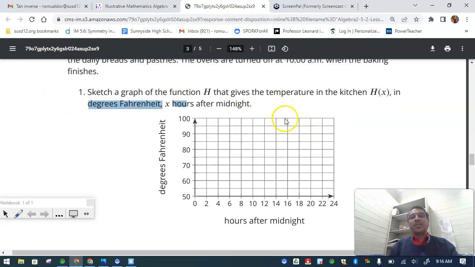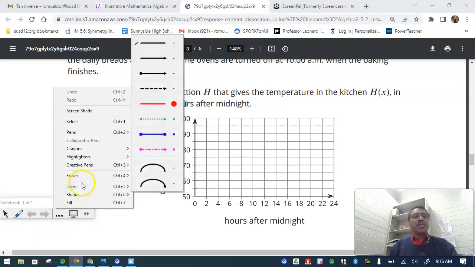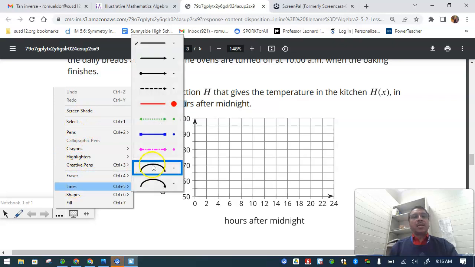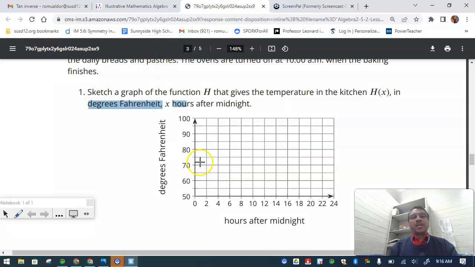So how do we sketch this? I'm going to use this marker. In the beginning it was 60.